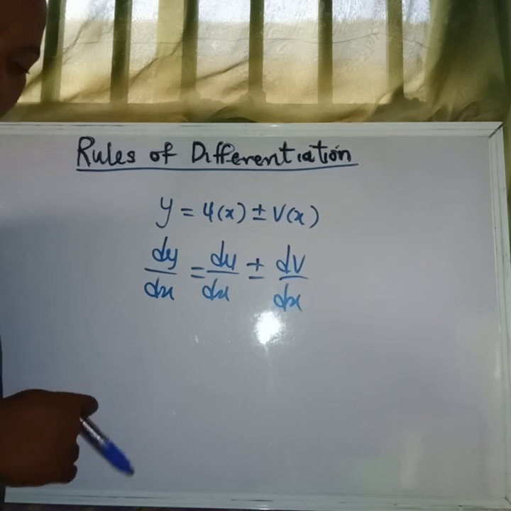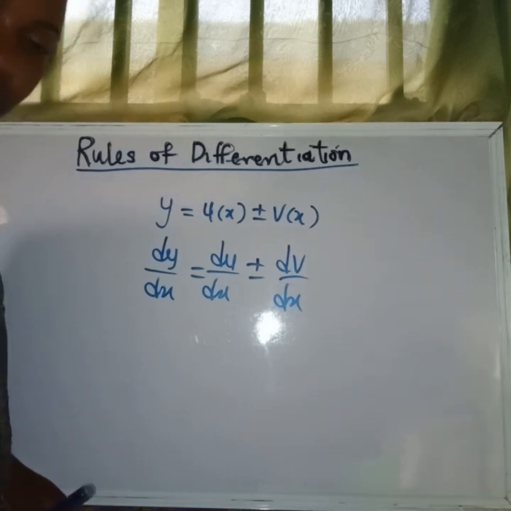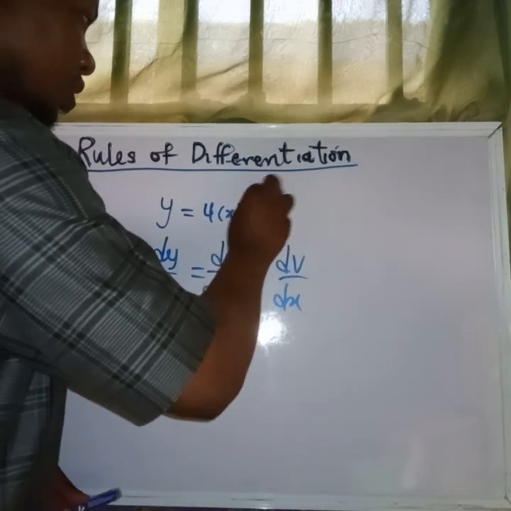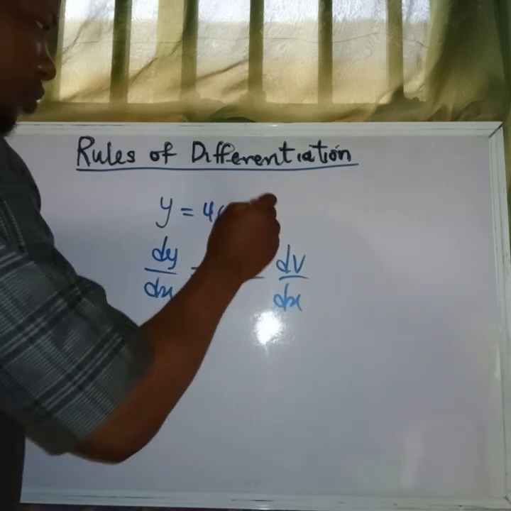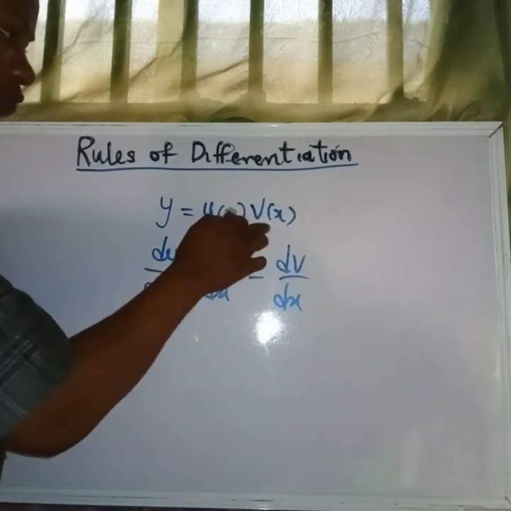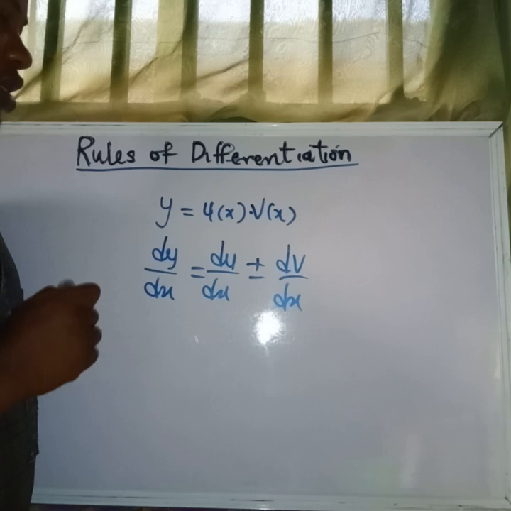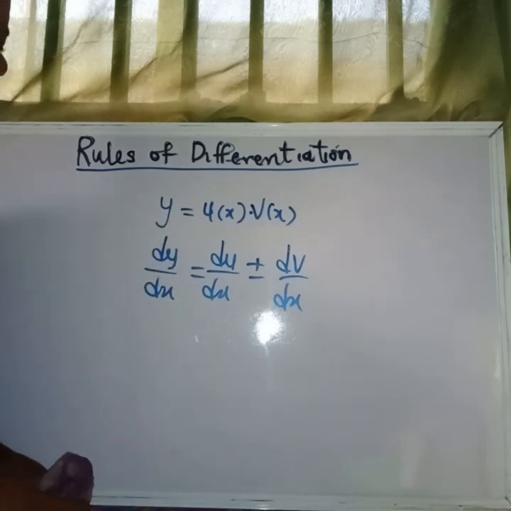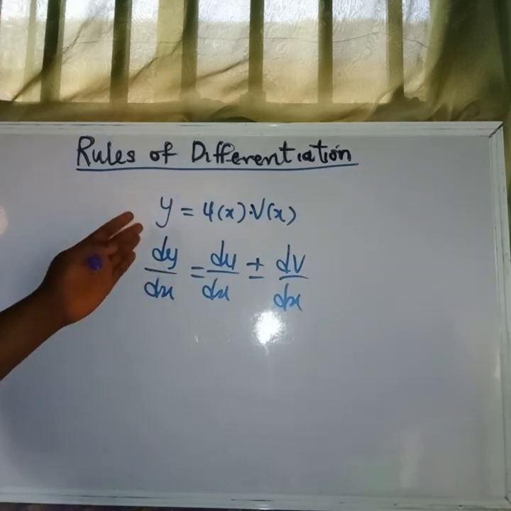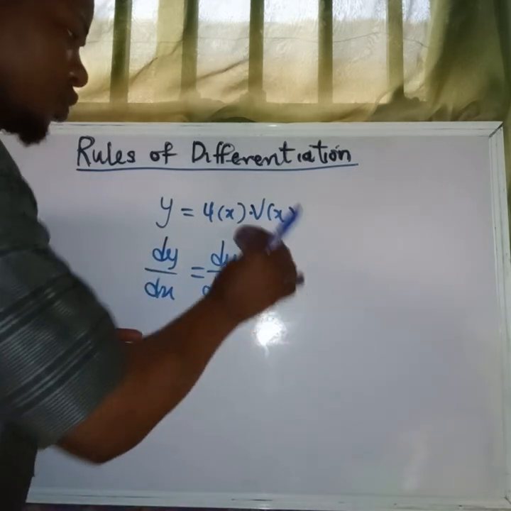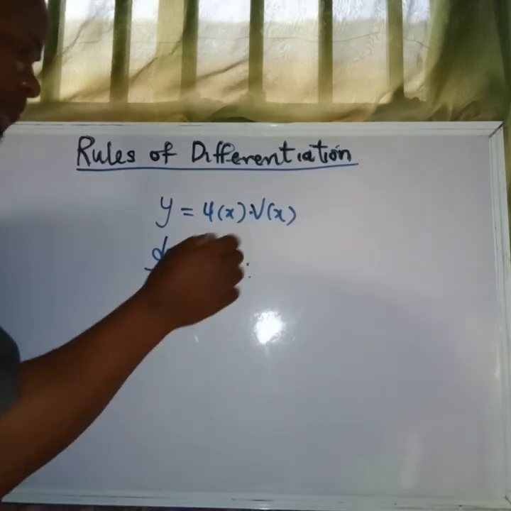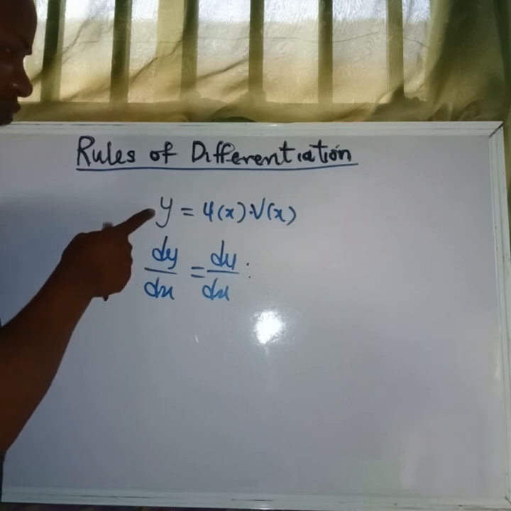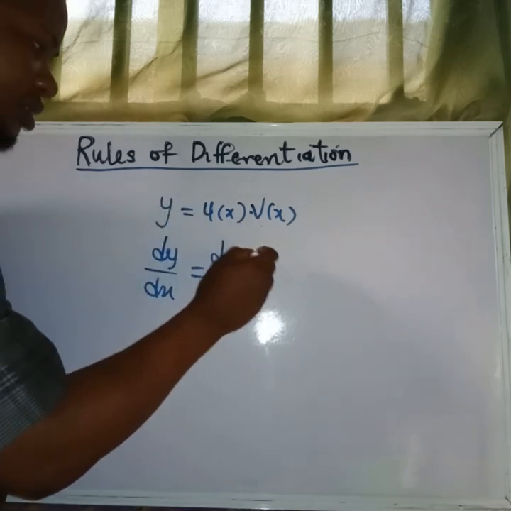So today we want to look at the case where you are given a function whose relationship between the two functions is a product. In this case, what will be the slope of such a function? Just like we have in the sum and difference rule, can we say that the derivative of this with respect to x gives this?